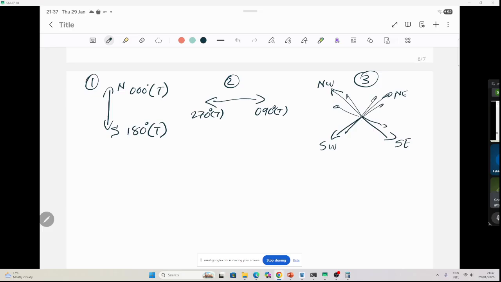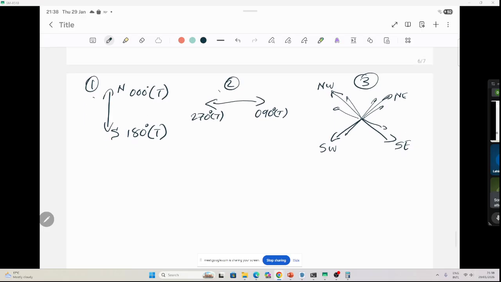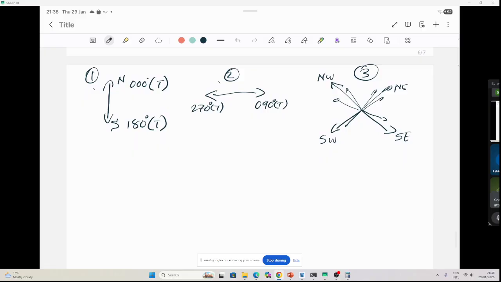But in the first and the second situations, we don't need to calculate, because it's obvious that these are the only possibilities of courses that you will be getting. But in the third type, there will be various courses. So you can use the quadrantal notation or the three-digit notation to find out the course in the third type.